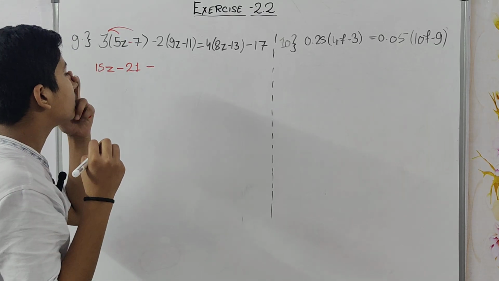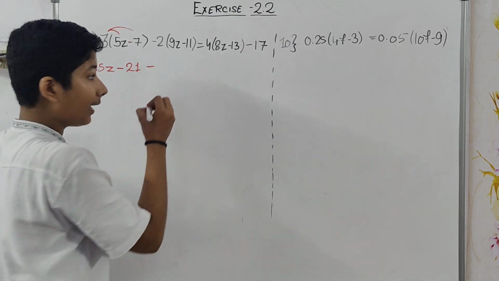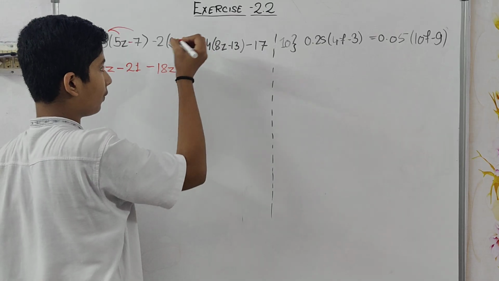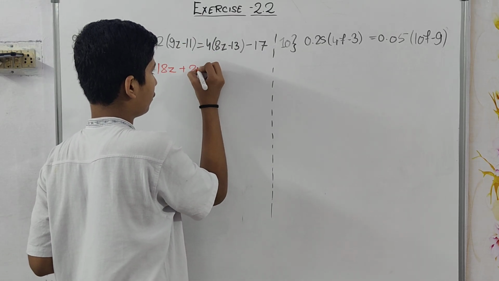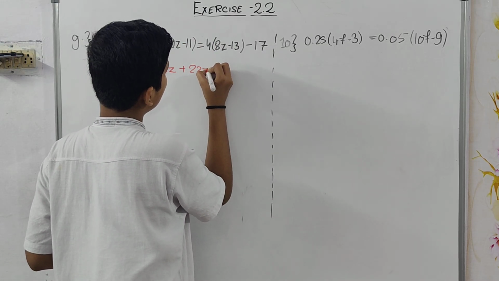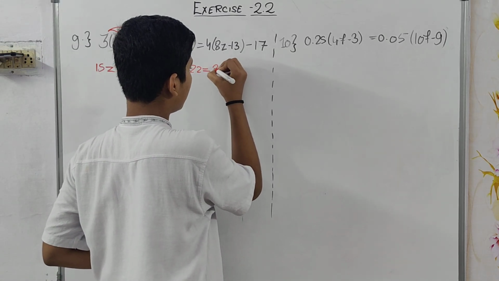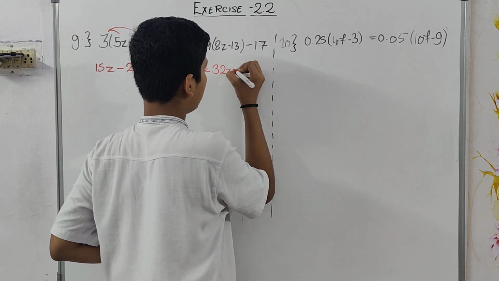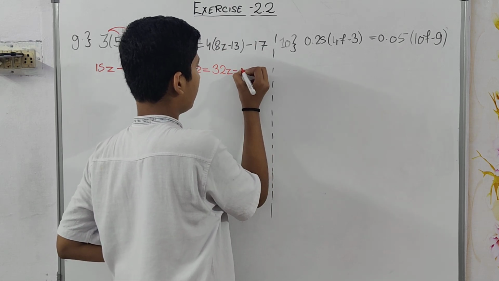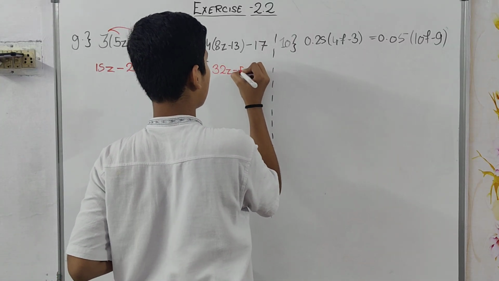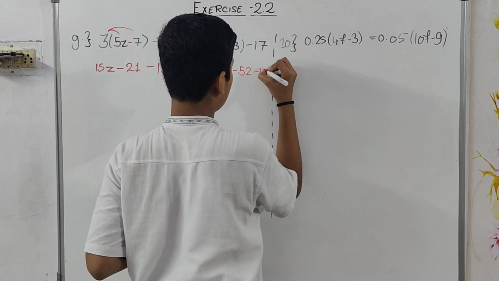Now again minus 9 2s are 18z, and this minus 2 into minus 11 will be positive 22, equals 4 8s are 32z minus 13 2s are 26, 13 3s are 39, and 13 4s are 52, minus 17 again.